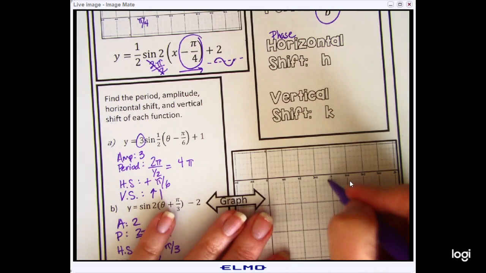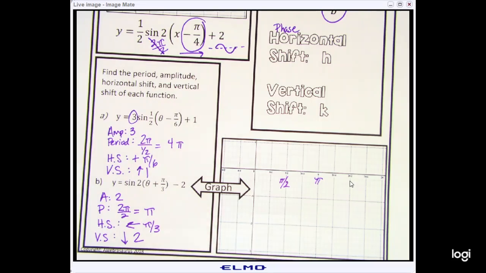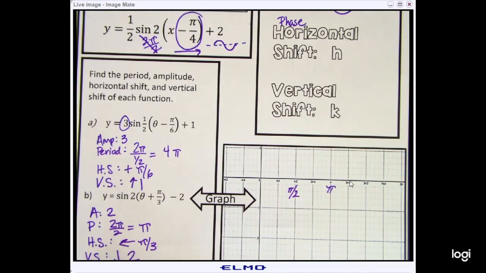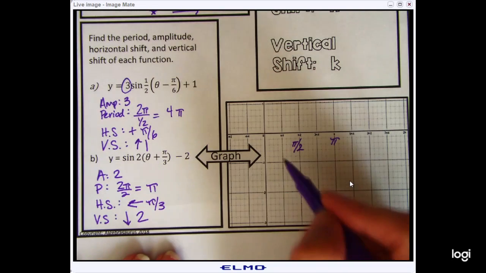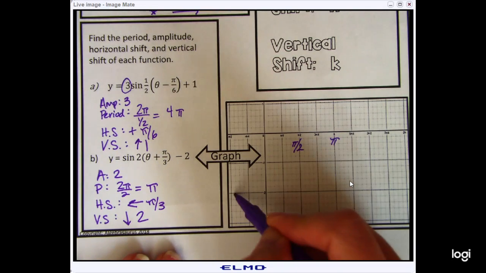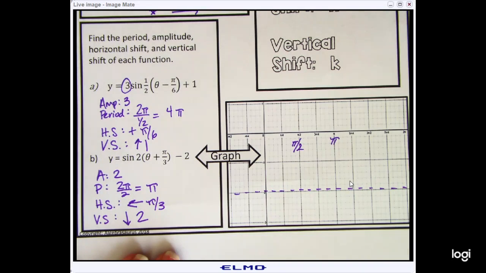I got to look at that real close. Hold on. All right, so this is pi. This is pi halves. It was too tiny for my eyes to read that far away. And we know we are shifting down 2. So that would be here. We're balancing that sine wave here.